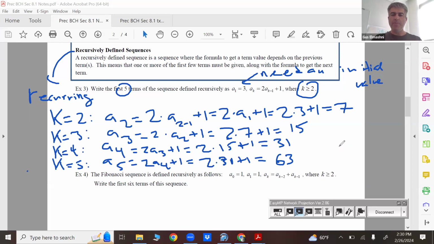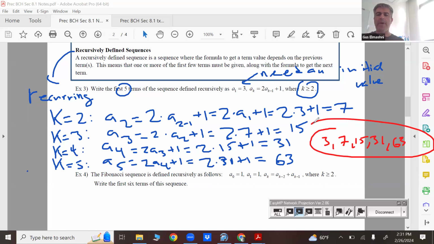So your first 5 terms are 3, 7, 15, 31, 63. So you can see that I'm adding 4, I'm adding 8, I'm adding 16, I'm adding 32. So the common difference is actually doubling.